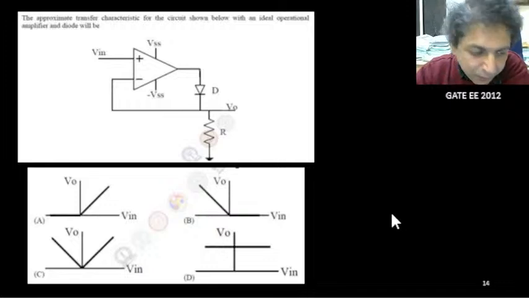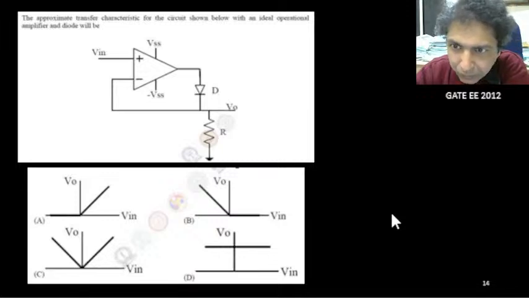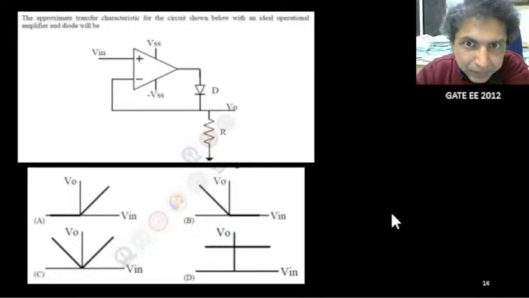Can anyone solve it please? Which one could be the answer? Can you guess? Try to make a comment so that I can understand you are following me.